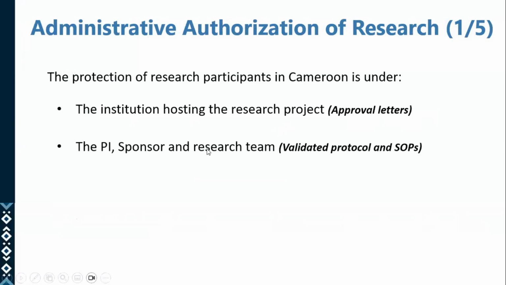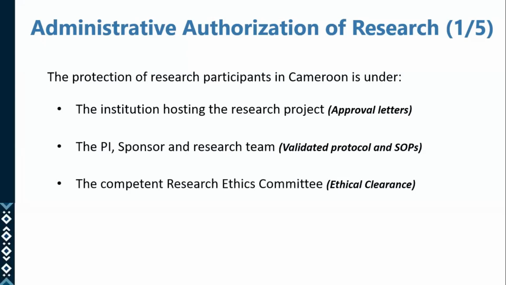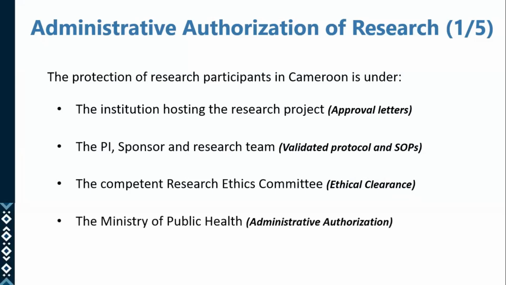Secondly, the PI, the sponsor, and the research team, who show commitment through validated protocols and standard operating procedures. Thirdly, what we have seen, the competent research ethics committee, which gives approval through the ethical clearance. And finally, the reason we have this slide on administrative authorization is that in Cameroon, the fourth actor is the Ministry of Public Health, through administrative authorization.